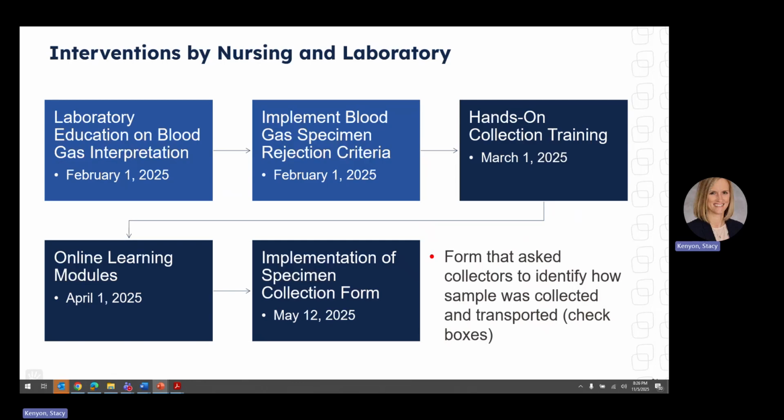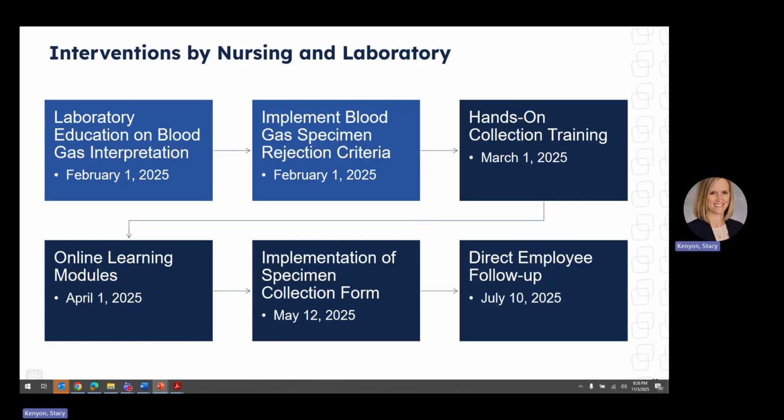Was it hand carried, or was it sent via pneumatic tube, or was it collected and tested right at the patient bedside? Even though this was suggested by our nursing colleagues, ultimately the collectors found this form to be too cumbersome, so it was only used for a few weeks. So we really didn't see any positive feedback from this form.